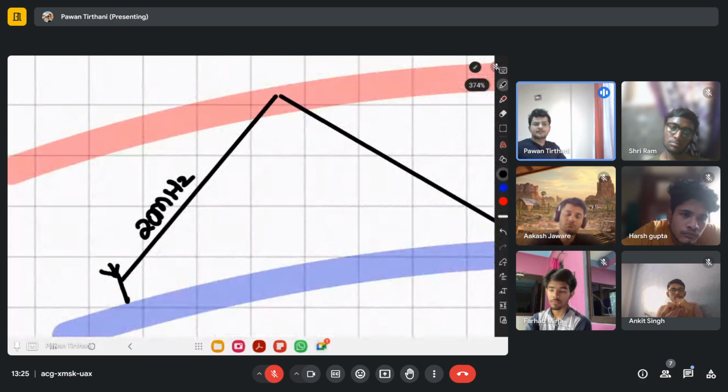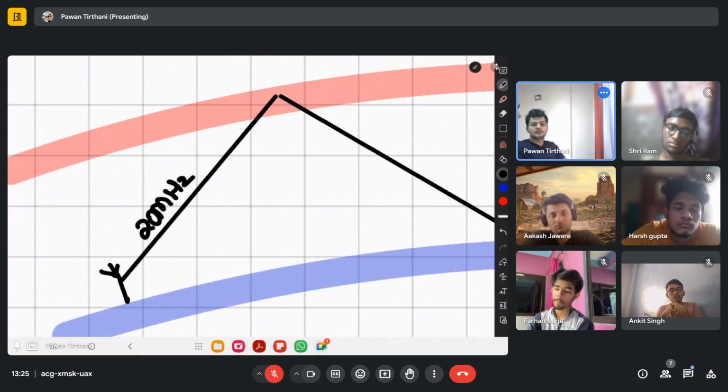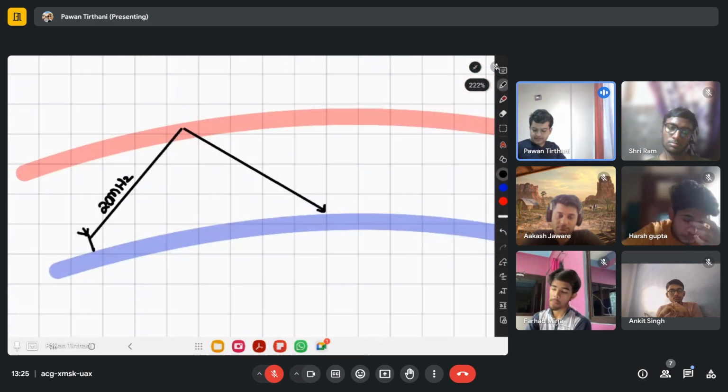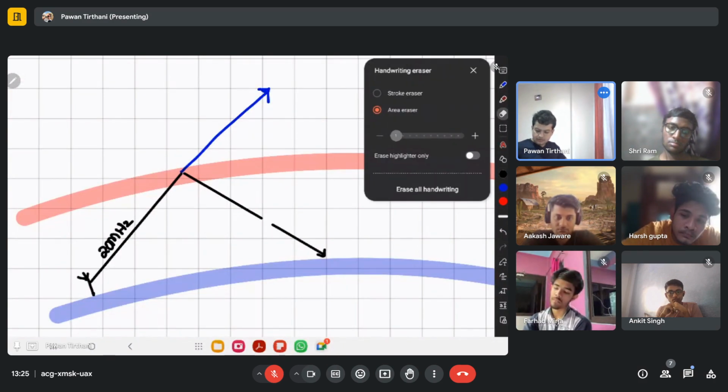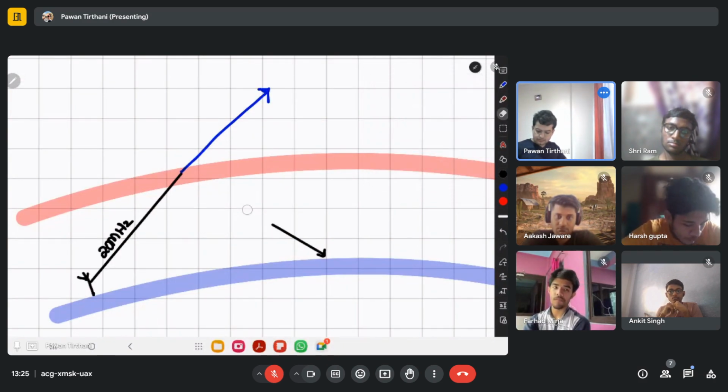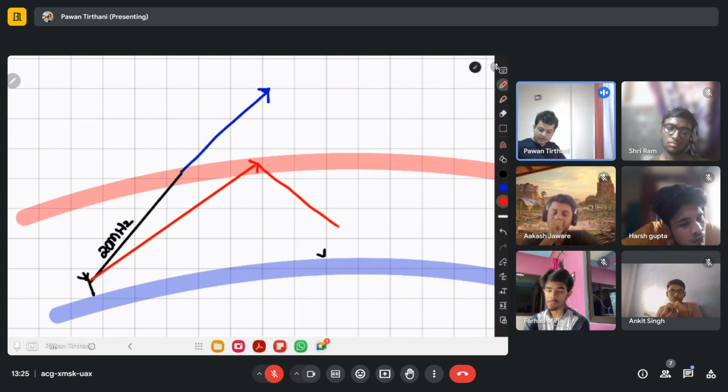Okay. Now this wave has more energy. So it will tend to go out. This wave will not tend to come over here. It will tend to go out. The wave will have to go to a very, very big angle for it to come back.